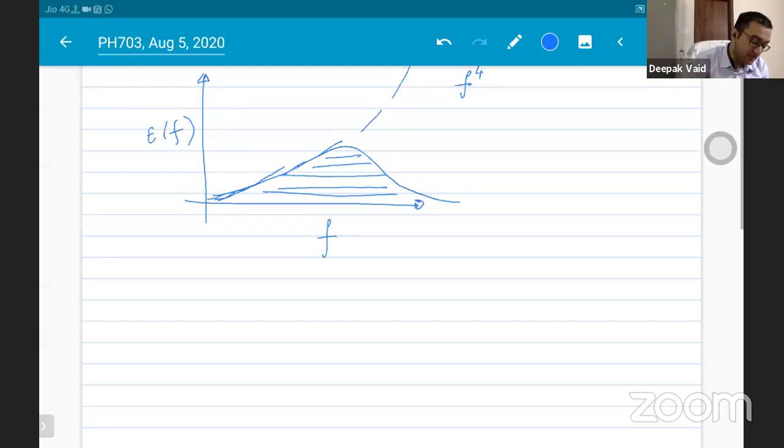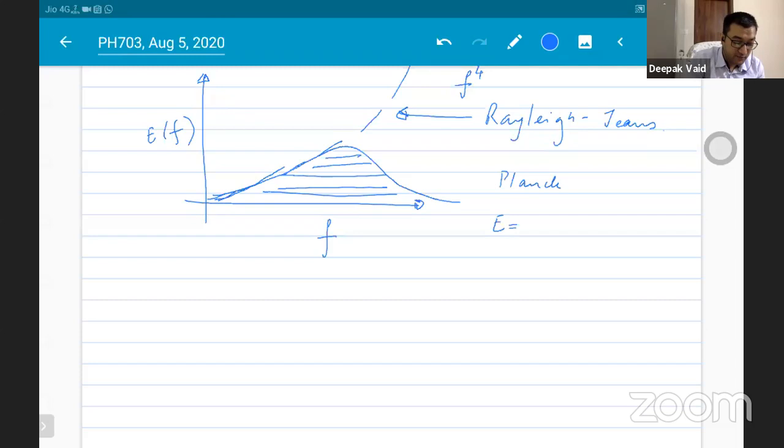So this Rayleigh-Jeans prediction gave this weird behavior of light, of black body radiation. This was resolved by a gentleman named Planck.